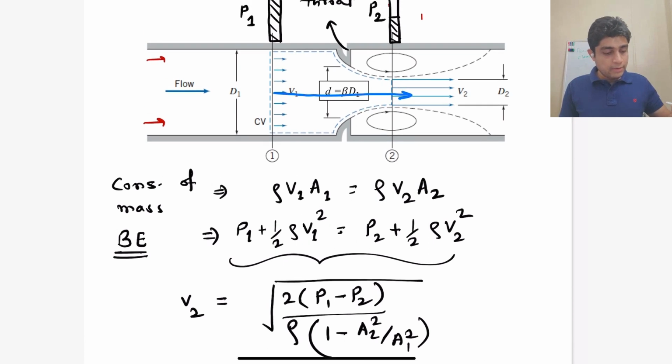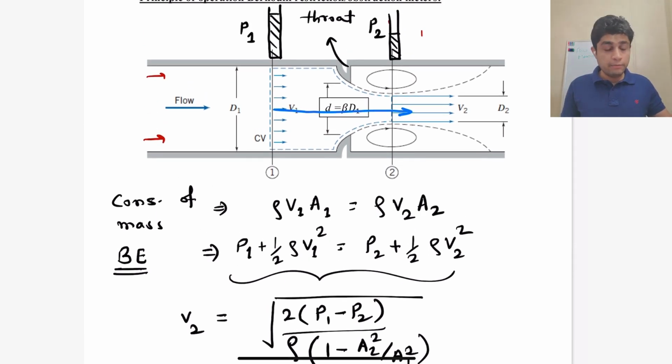But many times, like in an orifice plate, we do not know the area at point 2. That's because the fluid is contracting there. There might be a vena contracta there. So the exact area at 2 is not known. But what is known to us is the exact area at the throat, because the diameter of the throat is a design parameter.